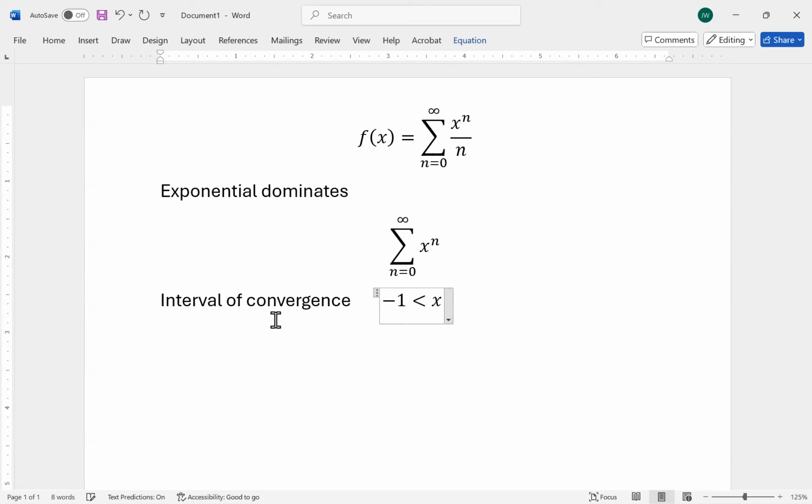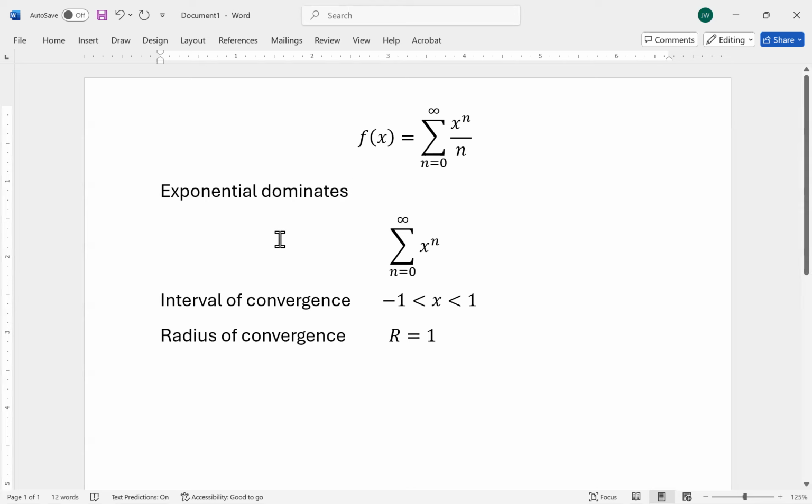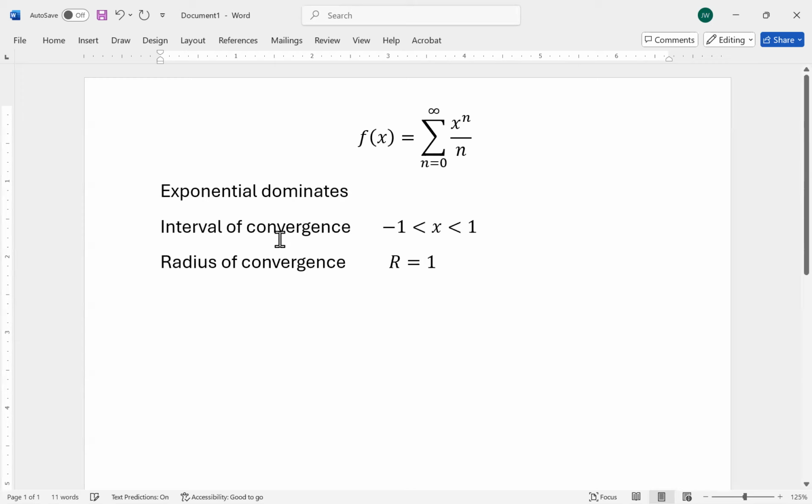So it's from x of -1 to an x of +1. We're centered at 0, so the radius of convergence is 1. So exponential dominates, interval of convergence goes from -1 to 1, radius of convergence is 1.